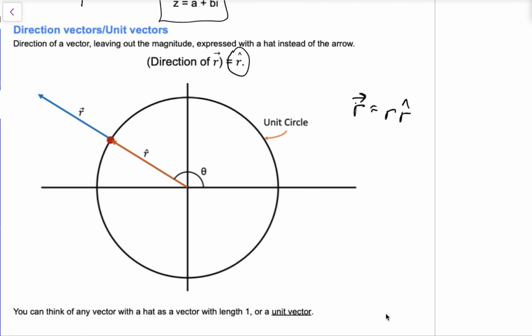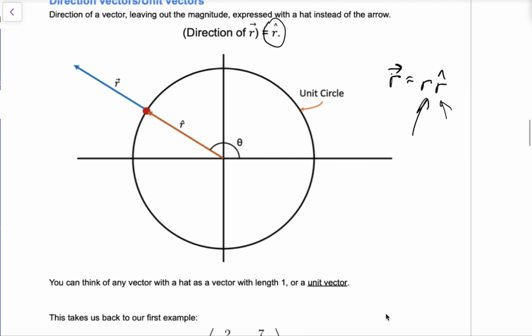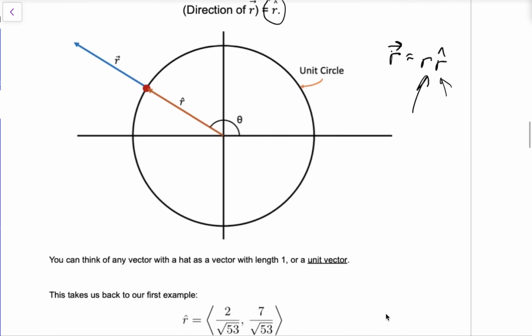We've got pieces that we can take out from one another. Because this has length 1, if we multiply it times this magnitude, we will end up with a vector of the proper magnitude. So you're multiplying by a kind of 1.